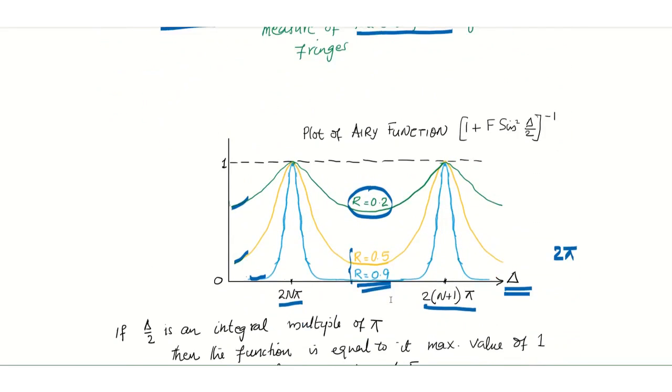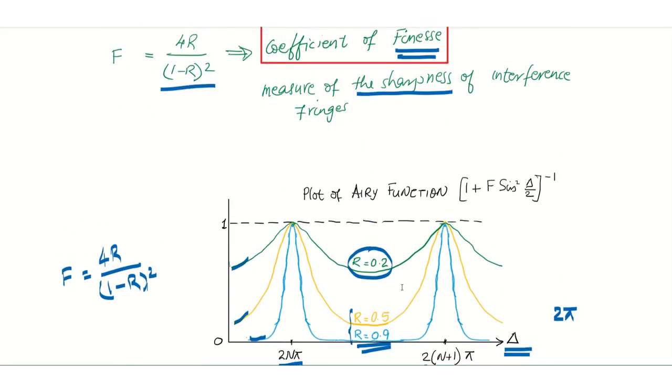This is your fineness: F equals 4R divided by 1 minus R square. If R increases, the numerator increases and the denominator decreases, and therefore it results in a much finer spectrum, represented by this blue curve.